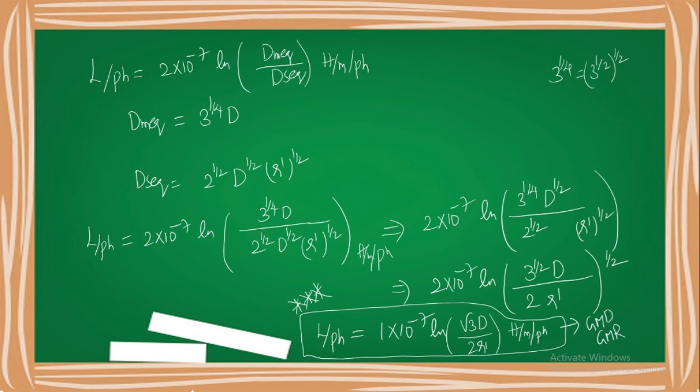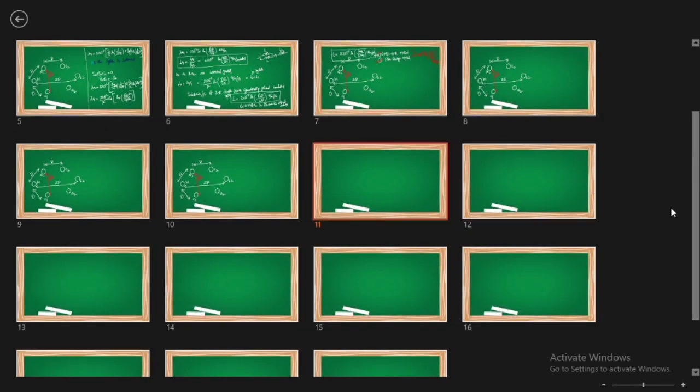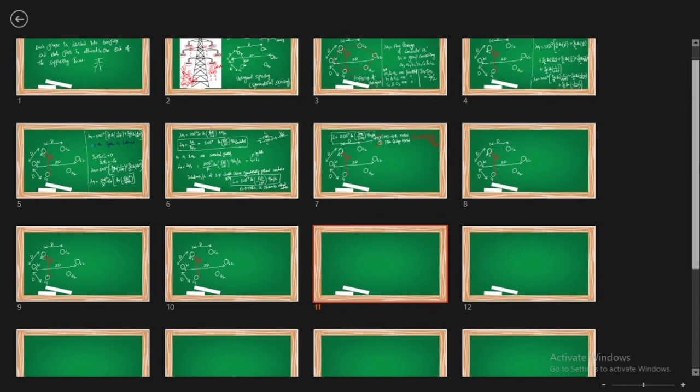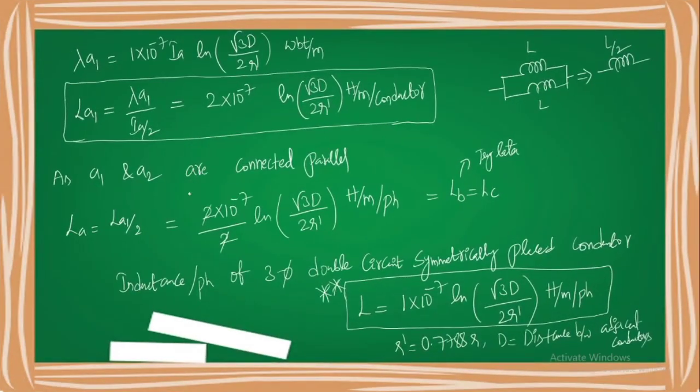Now if you observe the thing which we derived by using the flux linkage, see here, let me show where we have determined the flux linkage value directly. So this one, see, this is the inductance of a 3-phase double circuit symmetrically placed conductors.